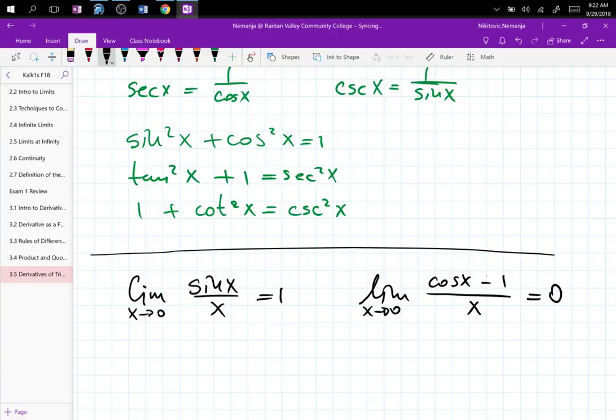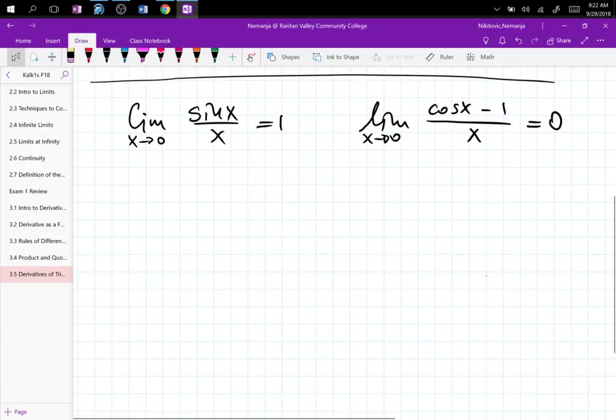So these are the 2 limits that we are going to use now to derive our derivative of sine x. And then for the other ones, I'll write the formulas down, and then we'll see which ones we're going to show and which ones you guys can practice.